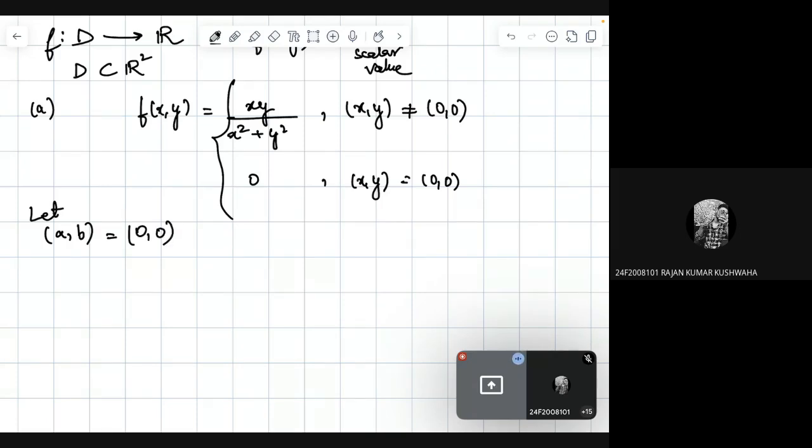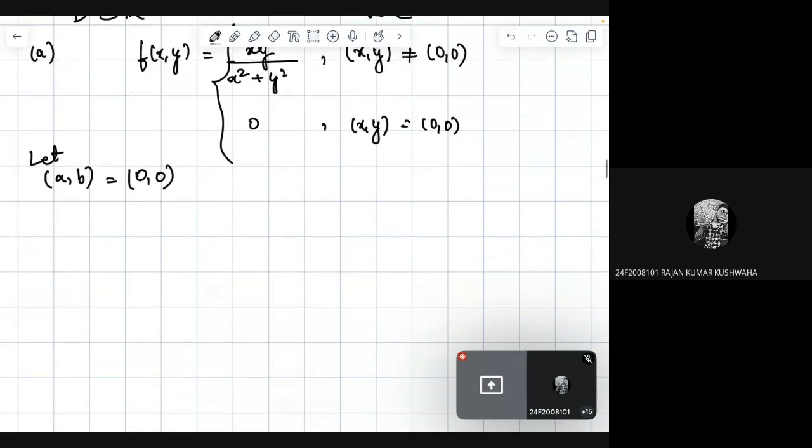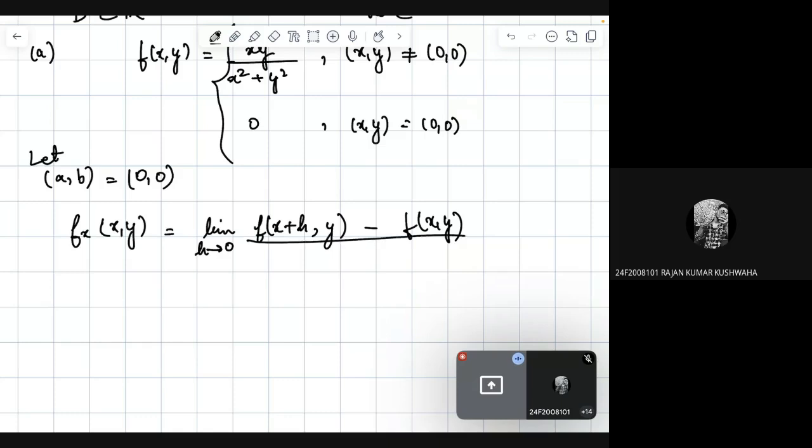We are going to find the partial derivative. How do you find partial derivative? The partial derivative with respect to x at point (x,y) by definition is the limit as h tends to 0 of f(x plus h, y) minus f(x,y) divided by h.